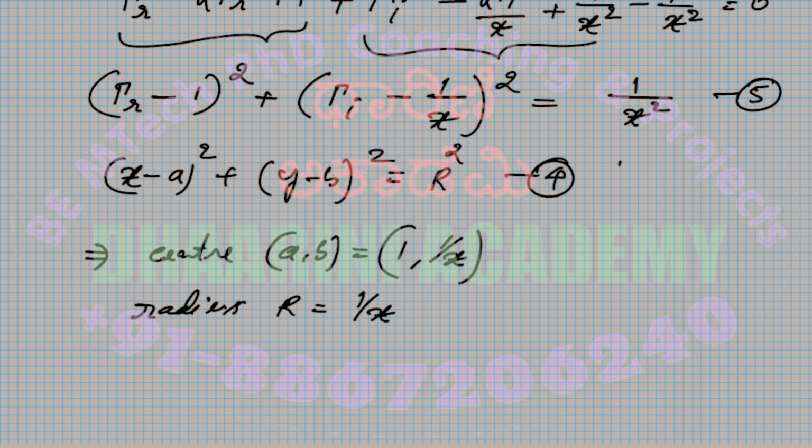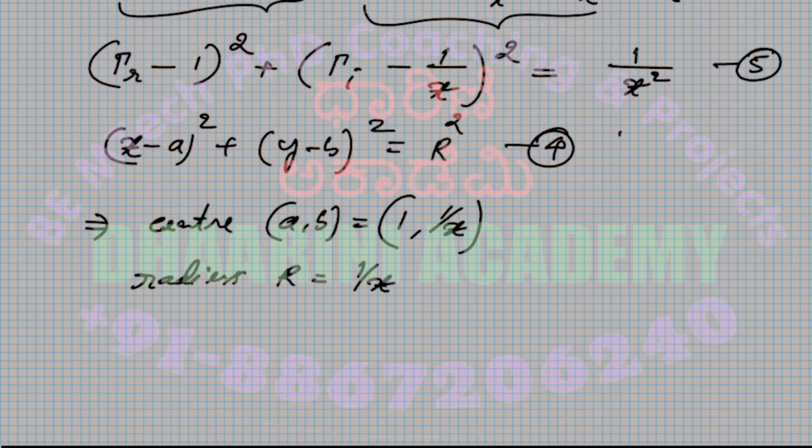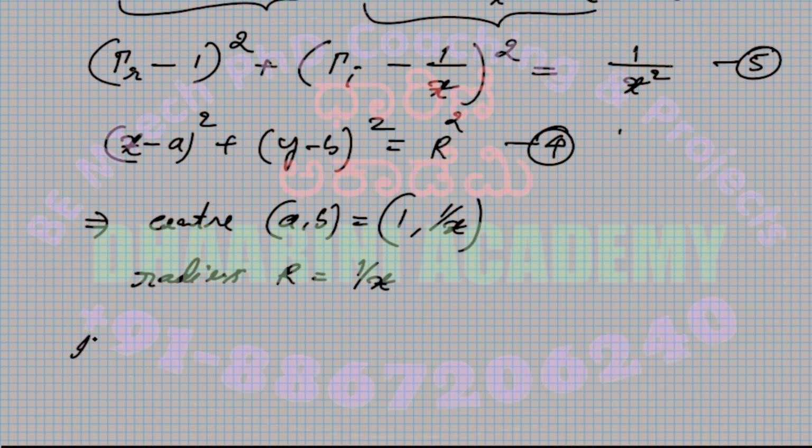Now let us look at the various possibilities. Let me say that the small x value is equal to 0, because everything is dependent on the x value only, correct? So if x is equal to 0, what happens? What is the center?